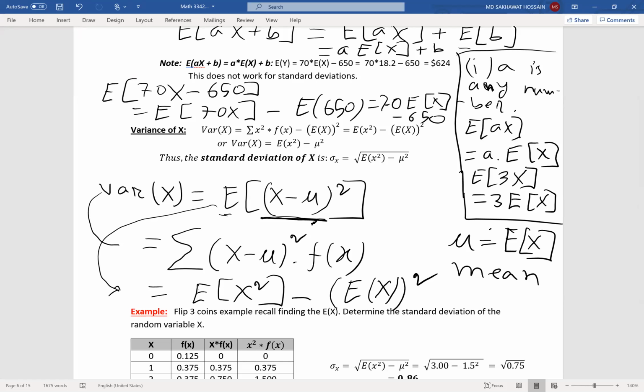Okay. So the expected value of (x minus mu) squared.